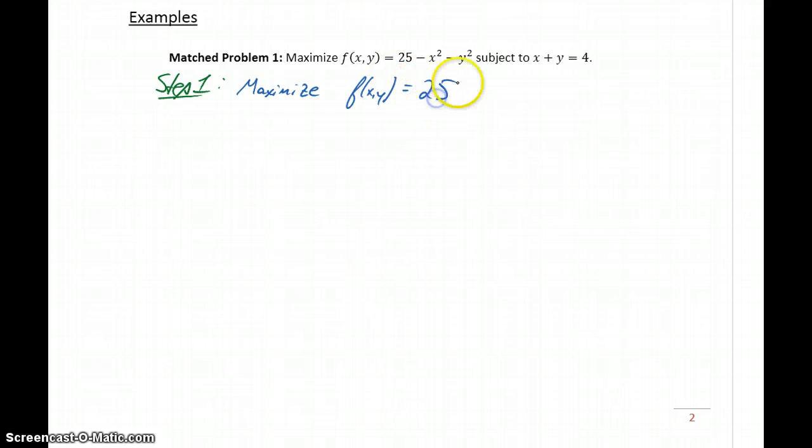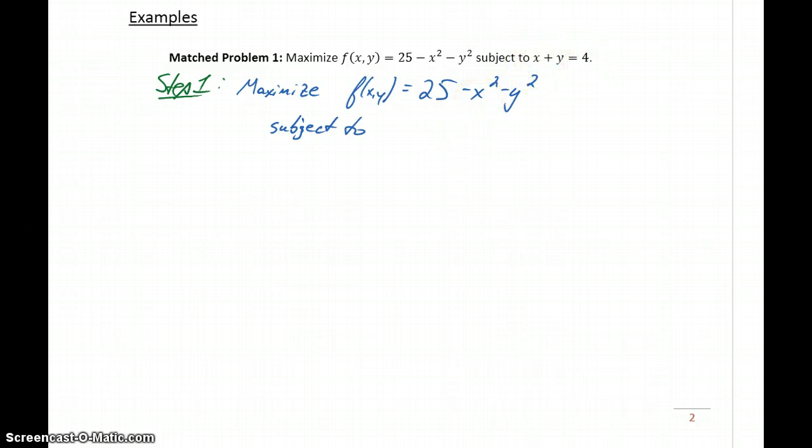In Lagrange multiplier problem 1, we're given a function that we want to maximize, which is subject to this given constraint. So step 1 is to simply state our problem. We want to maximize f of x, y equals 25 minus x squared minus y squared, subject to, now we want some function equal to 0.